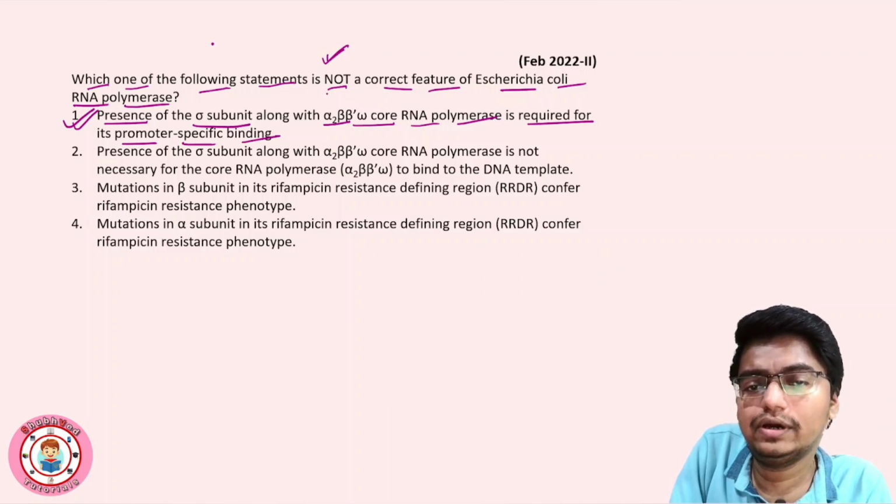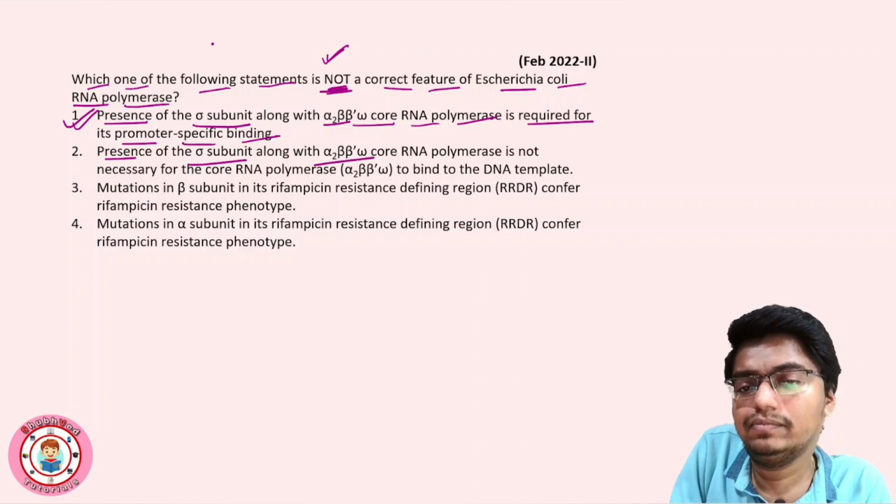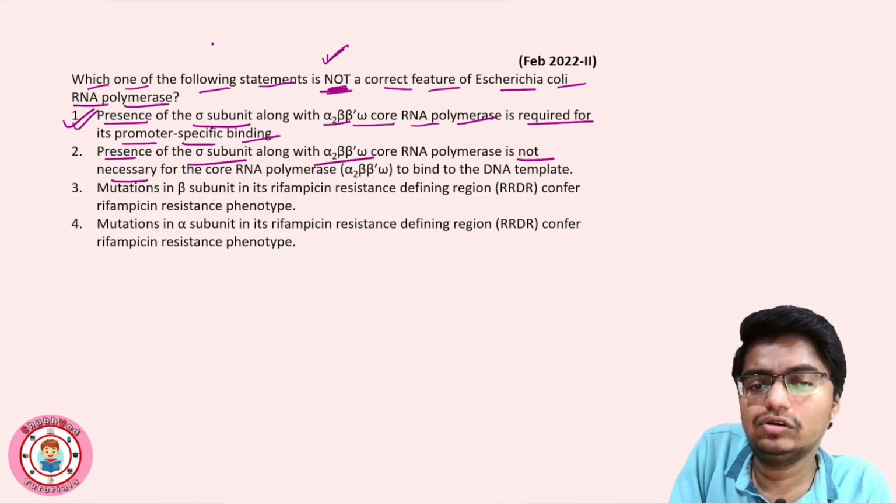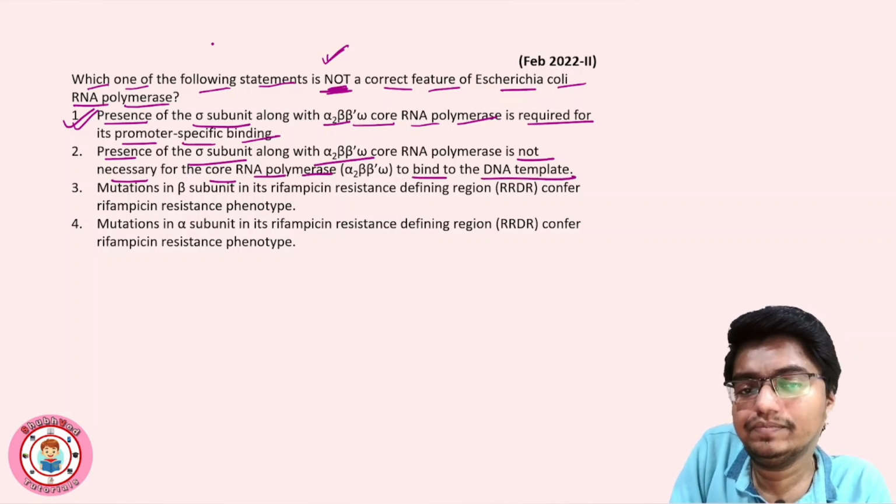We have to see the not correct, right? Presence of the sigma subunit along with core RNA polymerase is not necessary for the core RNA polymerase to bind to the DNA template. Is not necessary. You can get confused by this statement. So I will explain. This is also correct.